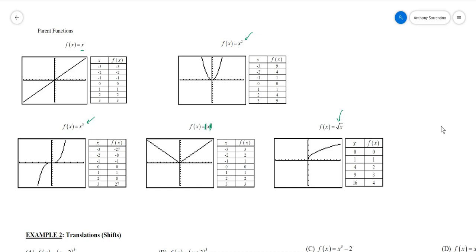And it's important to note that these are parent functions because any of the interesting graph behavior, if there really is any, tends to occur at the origin. The line just passes through the origin. For the parabola, that's where it reaches its bottom point and then starts going up in the other direction.